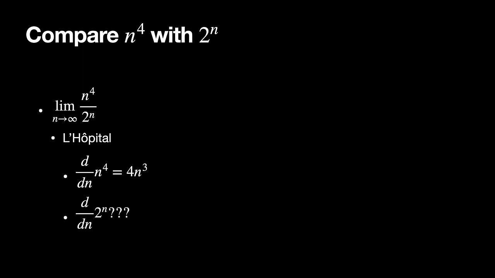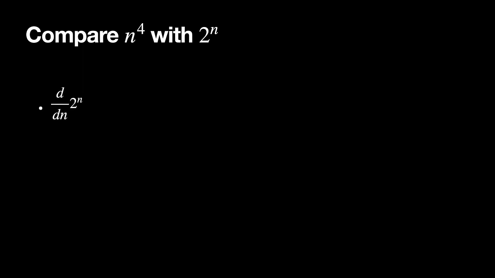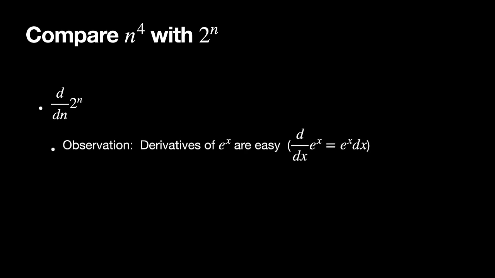The denominator, the derivative of 2 to the nth. Okay, so let's just do a quick review here. In case you don't remember how to find this, we've got a couple of different options. One is we could take the observation that derivatives of e to the x are pretty easy, and that we could then try and re-express this in terms of e to the x, or in this case, e to the n. So we could observe that 2 is just e to the power of the log of 2.